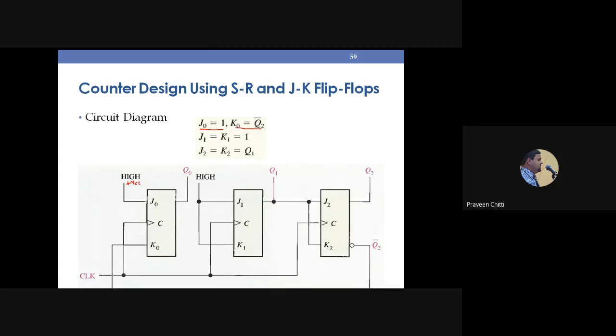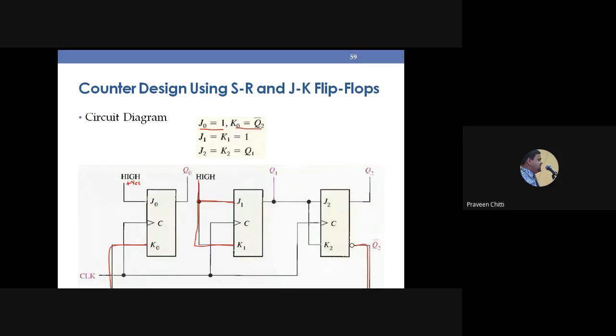This should be connected to plus VCC. K0 is Q2 bar. See this K0, from where you have to take, this is Q2, so this is Q2 bar. So take this Q2 bar and connect to K0 like this. J1 and K1 is 1, so J1, K1 both should be connected to high. Then J2 and K2 are Q1.